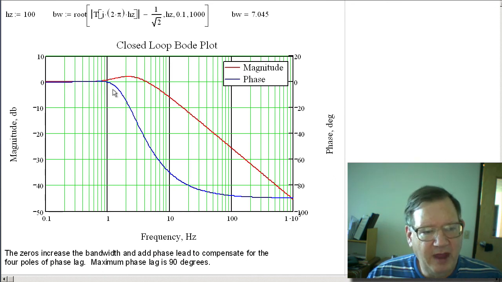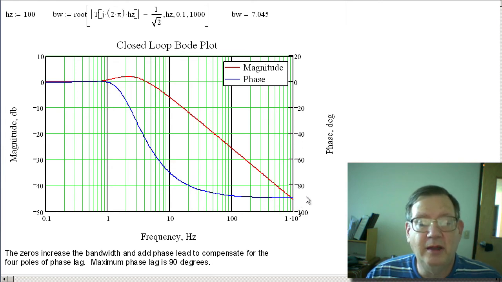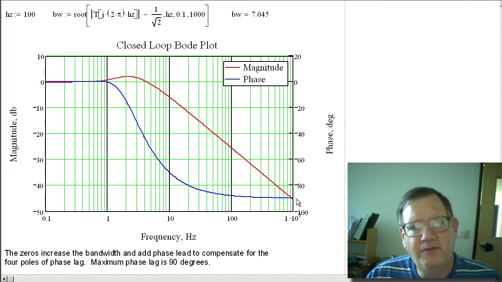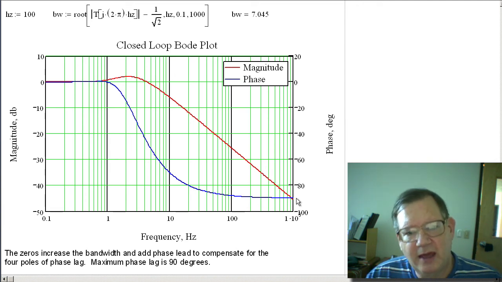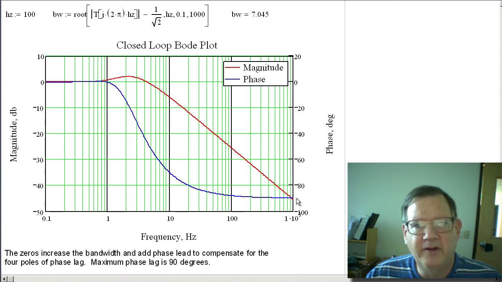The blue is the phase, and it goes down to -90 at the higher frequencies. It won't go any lower than that because we have 4 poles and we have 3 zeros. The 3 zeros add phase lead, the 4 poles add phase lag, and so the difference is 90 degrees because there's 90 degrees per pole.